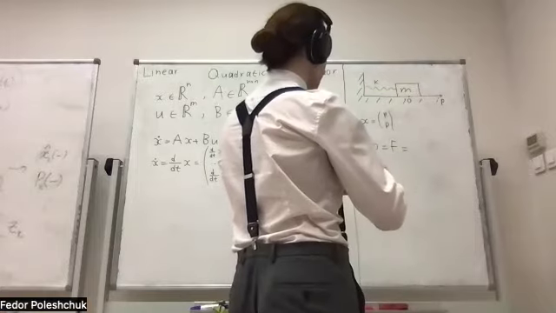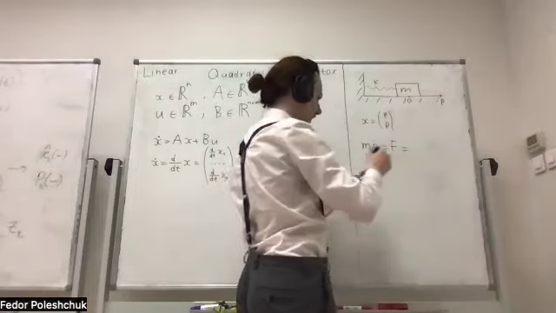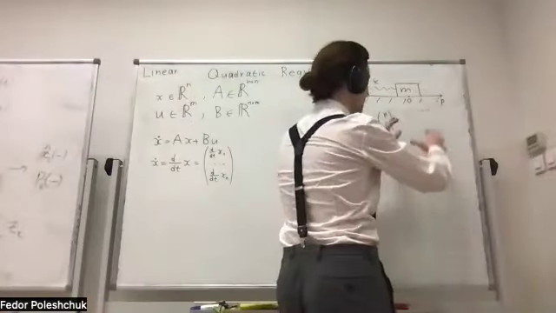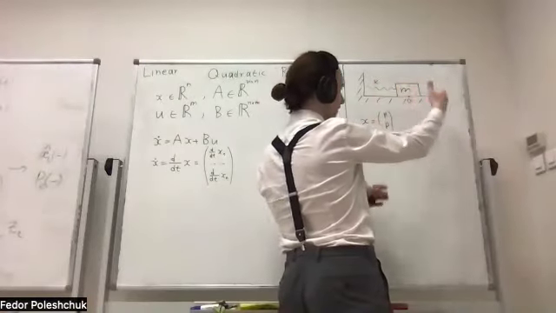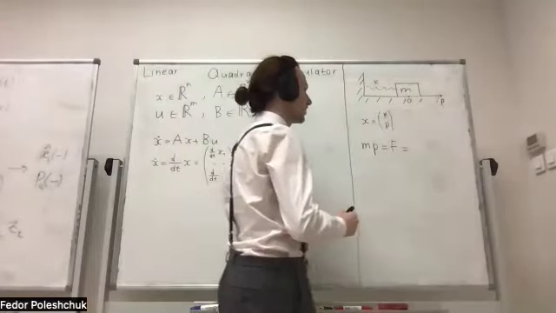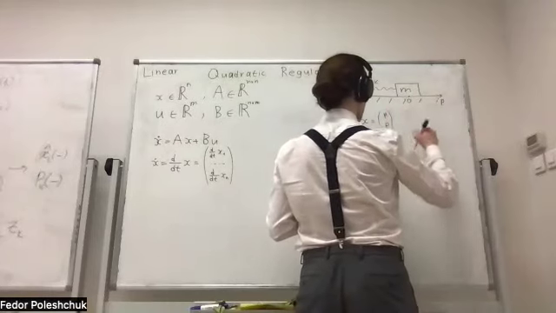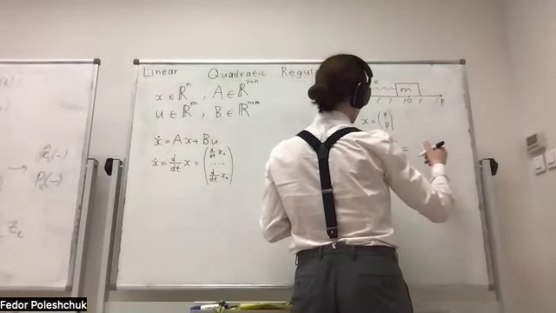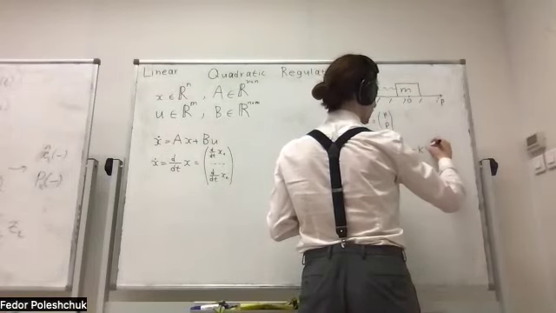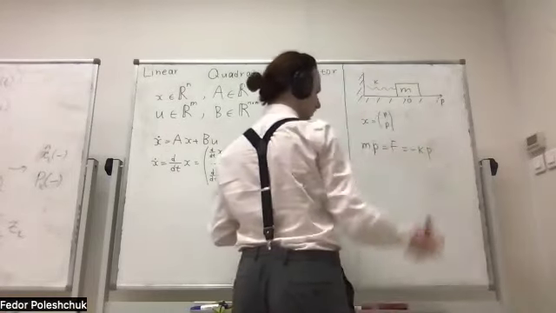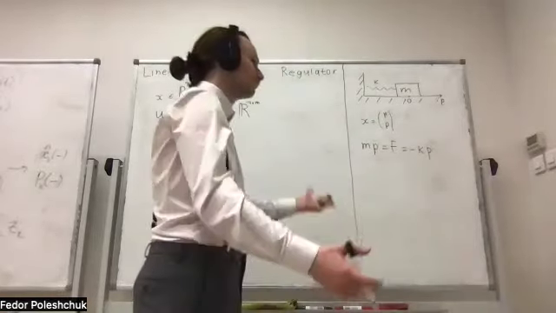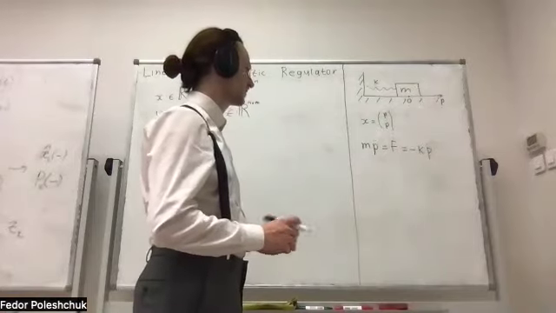And k will be positive, the stiffness basically. So let's suppose that we have moved the block to the left. What will happen? The spring will compress and it will start acting to the right. So the force exerted onto the block from the spring will be equal to minus k p, just the position. This is Newton's second law, so that's fine.